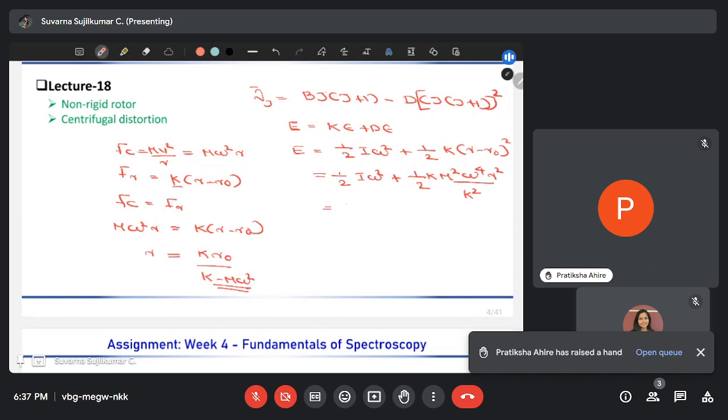So this we can write as half I omega square plus 1 by 2 (I omega square) the whole square divided by half k square. This can also be written as half L square by 2I. We already know the expression where L can be written as root of j into (j plus 1) into h cut.